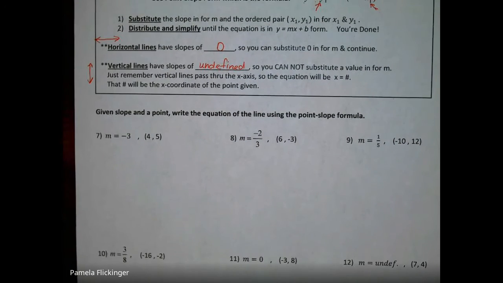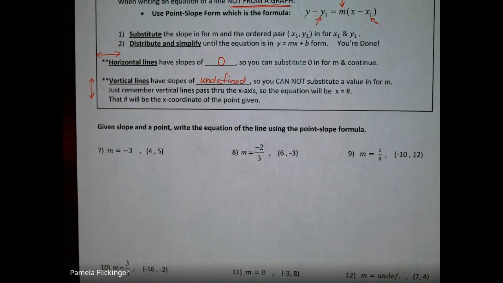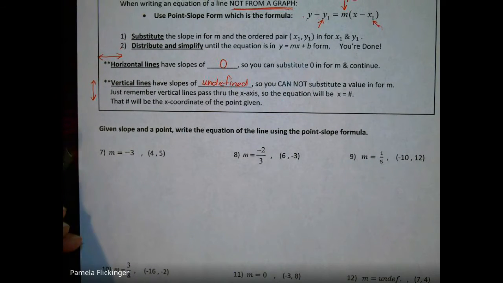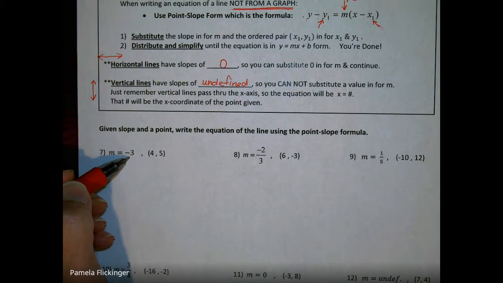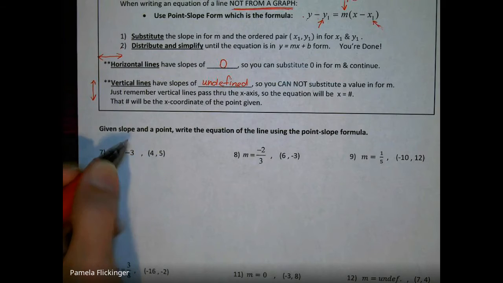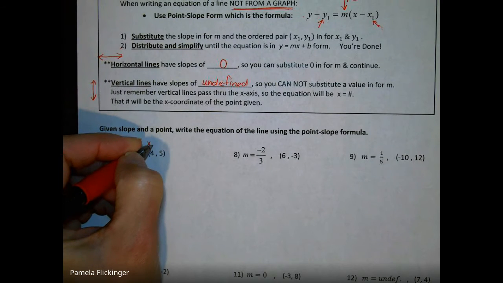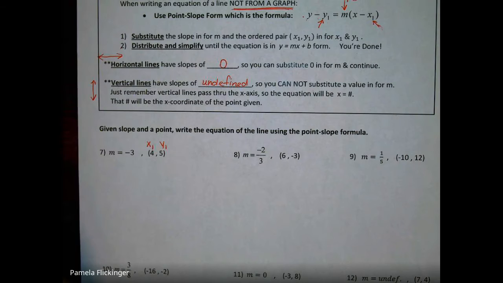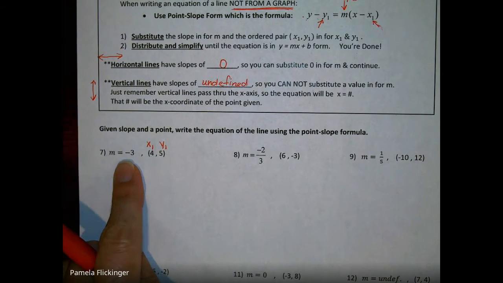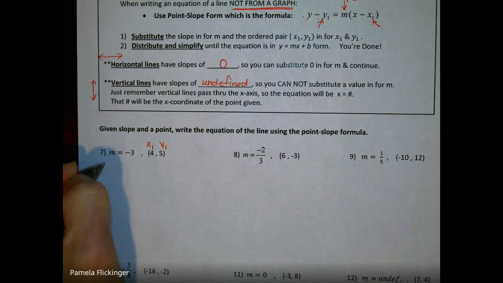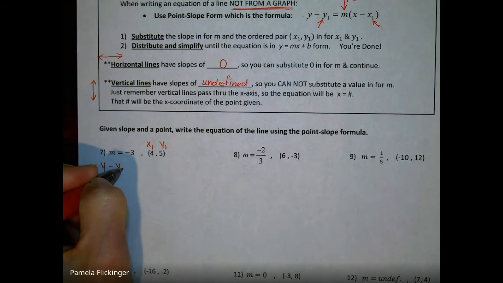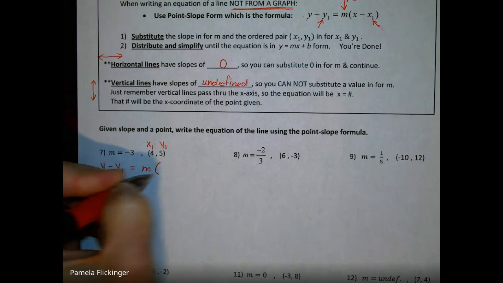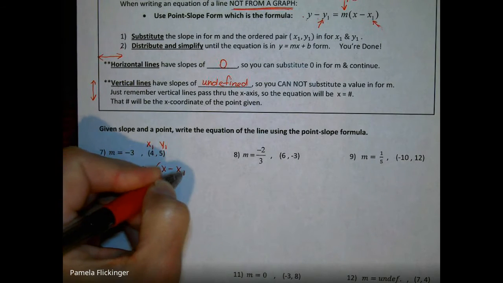So let's do some of these examples. Number 7. I do want to keep the formula there for you. We have a slope of -3 and an ordered pair 4, 5. So the 4 will be my x1, the 5 will be my y1. I have a point and a slope, so I can use my point slope form. Now I'm just going to rewrite it: y minus y1 equals m times x minus x1.